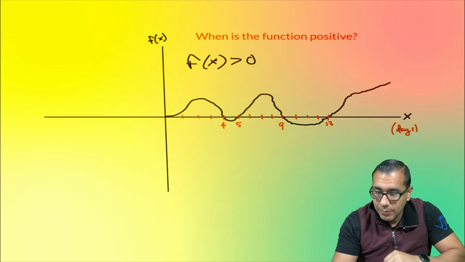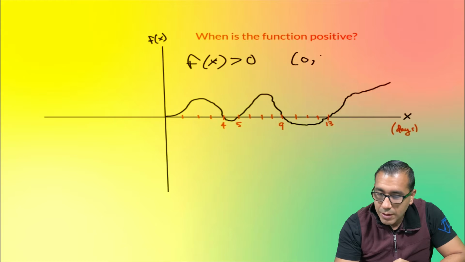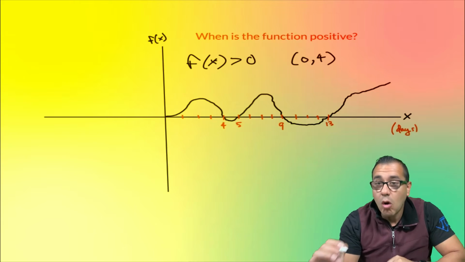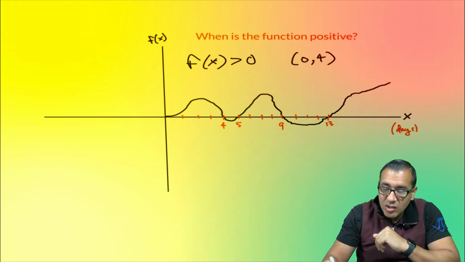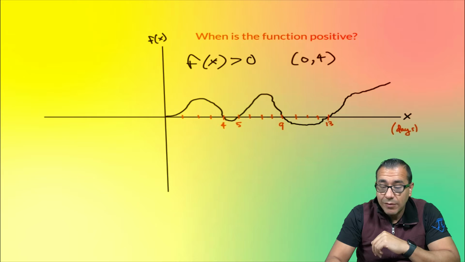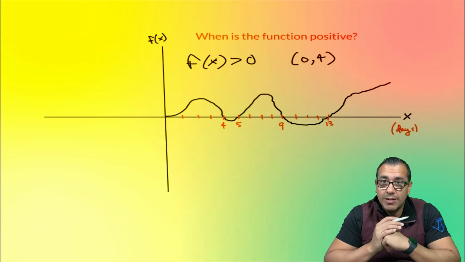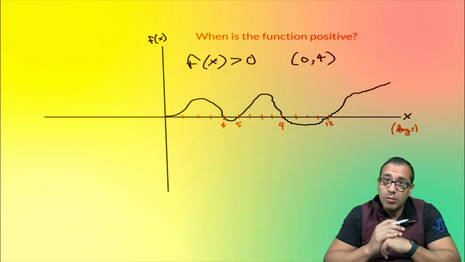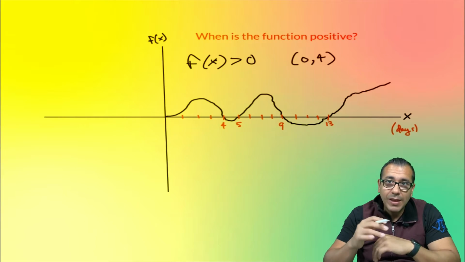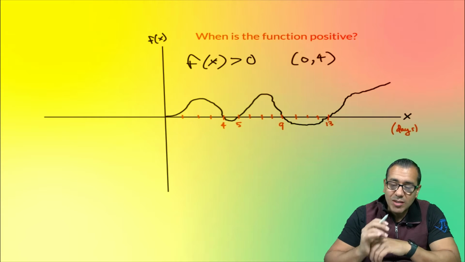But is that the only place? Well, no. Notice the notation I'm using. I use open parentheses here because I'm not including 4, because we want it to be strictly greater than 0. If it said greater than or equal to, then I would include that 4. So make sure you're aware of that, because notation is key.